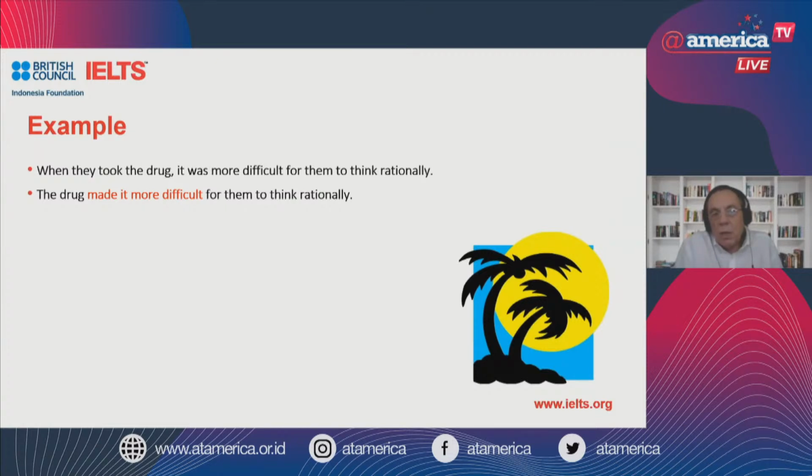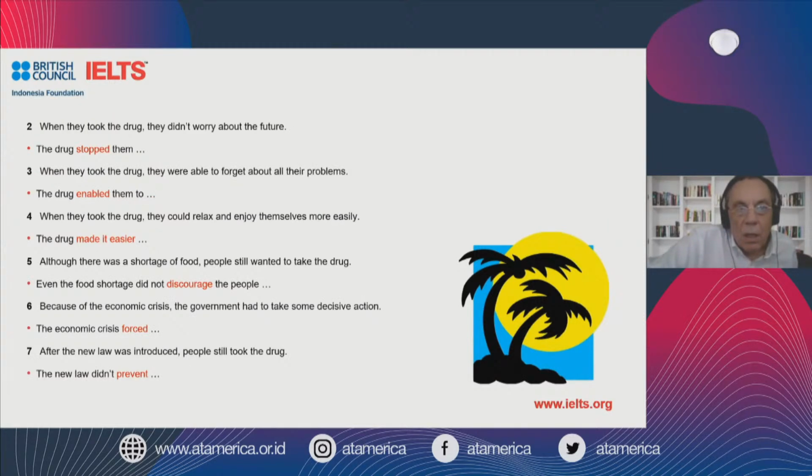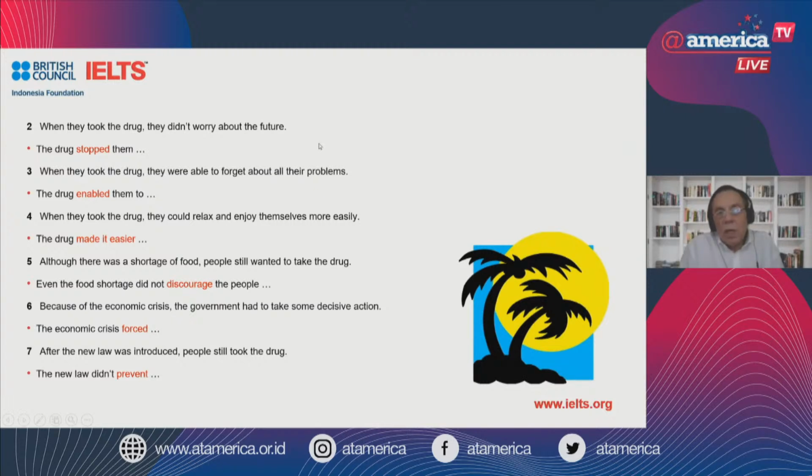Take one of those Tango words. The drug made it more difficult for them to think rationally. Okay, let's have a look at the other ones. These are on your handout. Number 2: When they took the drug, they didn't worry about the future. The drug stopped them, and you're going to find out what the answer is.